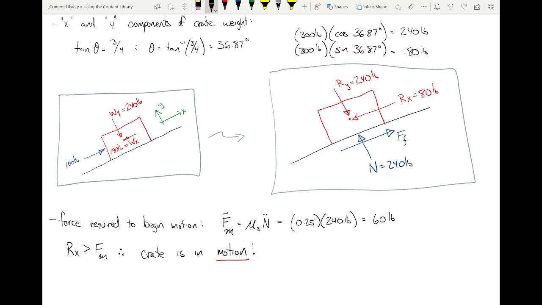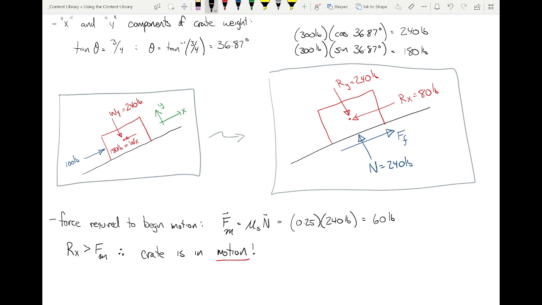Now, if the crate is in motion, what is F sub F? Nope, you're making it more complicated. Look, here's the crate. Crate's moving.